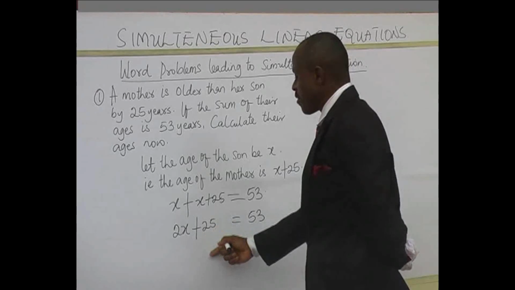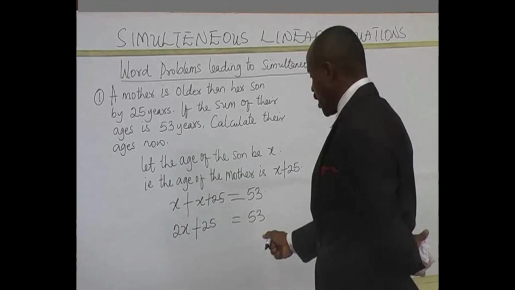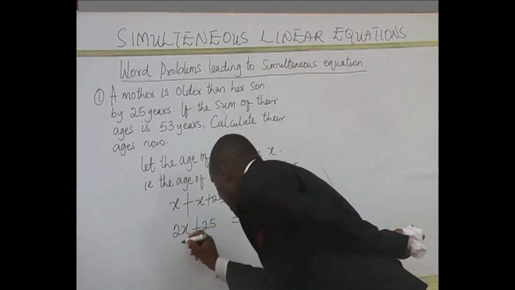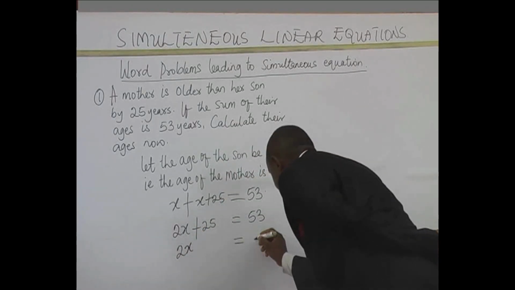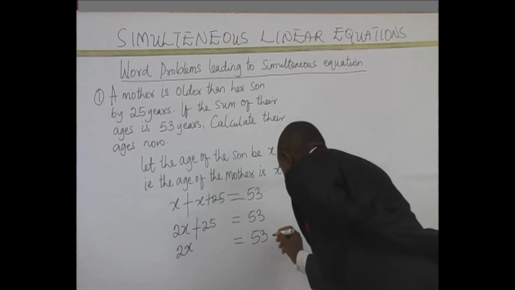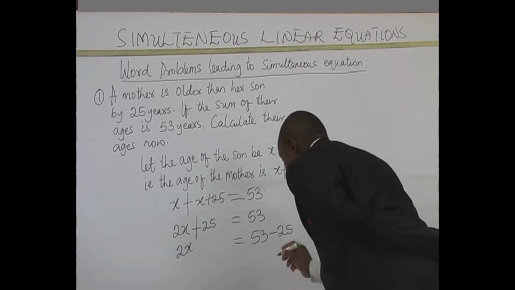Move 25 from the left hand side of the equation to the right hand side, you change to minus 25. You'll be left with only 2x on the left hand side, and on the right hand side you're going to have 53 minus 25.